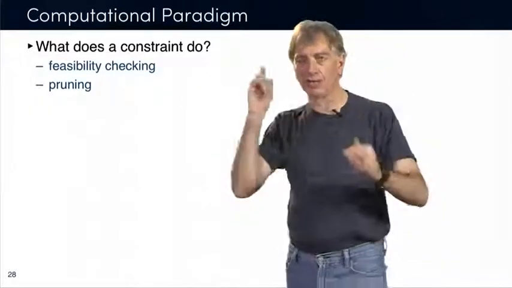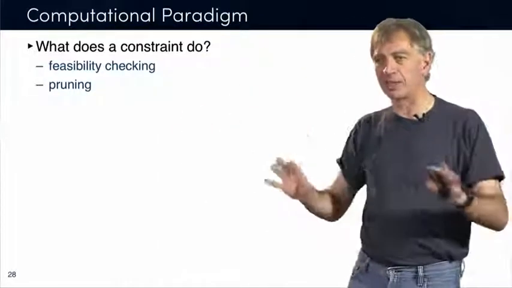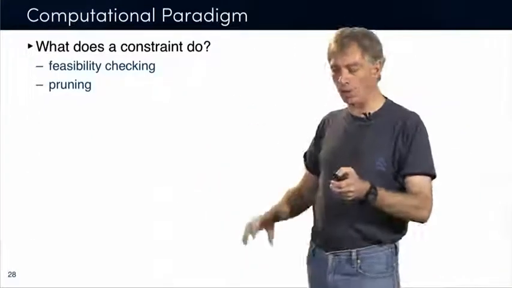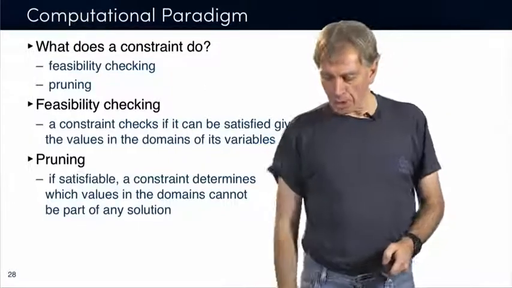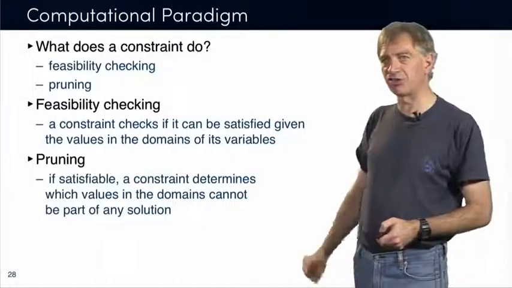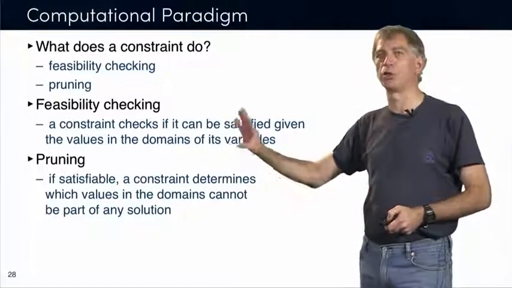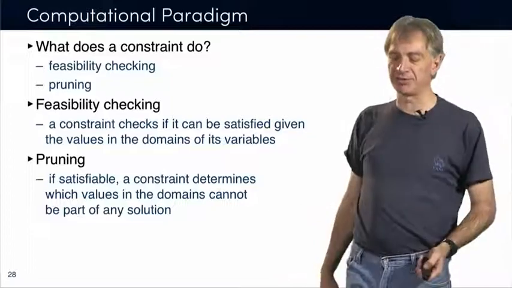You have these two things, feasibility checking, making sure that the node that you are exploring is potentially feasible, and then pruning, trying to reduce the set of values of the various variables. Okay? This is basically summarizing what I just said. Of course, you only prune when you know that you're feasible. You will never try to prune when you are already in an infeasible state.